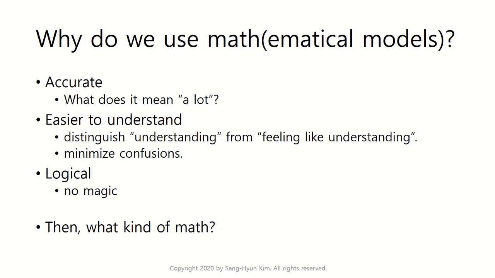So some people think that sociology is easier, or some books written in natural language are easier to understand, but we have to distinguish understanding from feeling like understanding. So you may feel like you understand a book, but because lots of things are unclear in a book, maybe you don't really understand it.